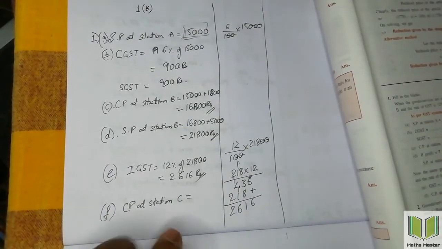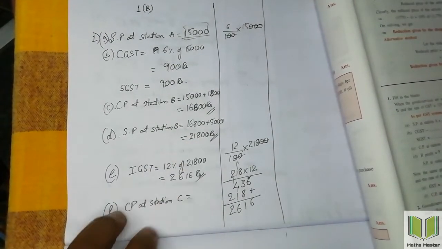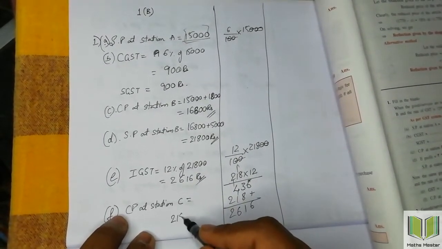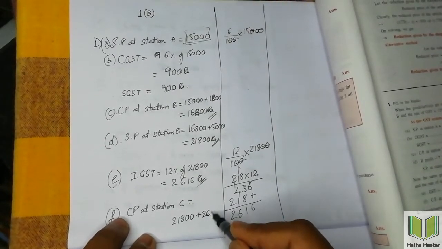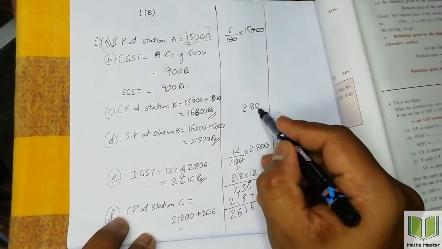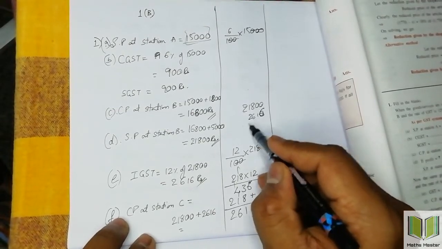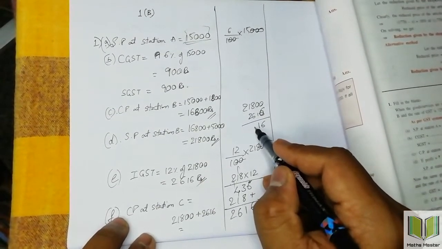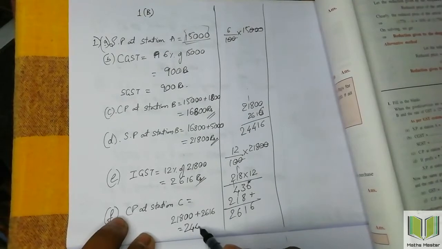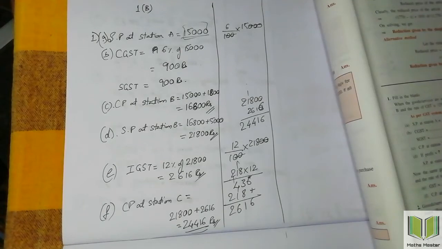So the person who is at station C has to pay the cost price as well as the GST amount, which has been charged by the station B person, which is equal to 21,800 plus 2,616, which will be equal to 24,416 rupees is the amount paid by station C.